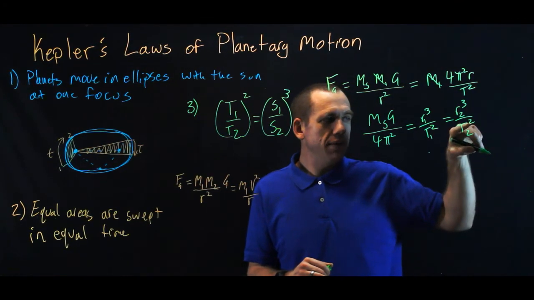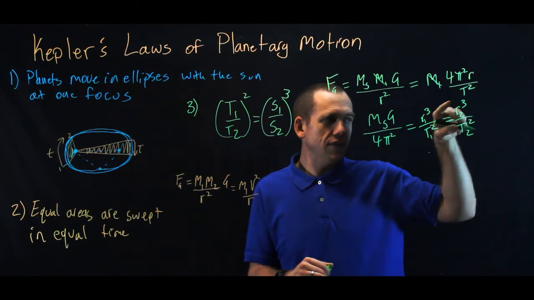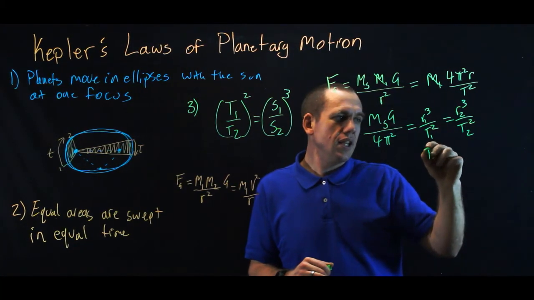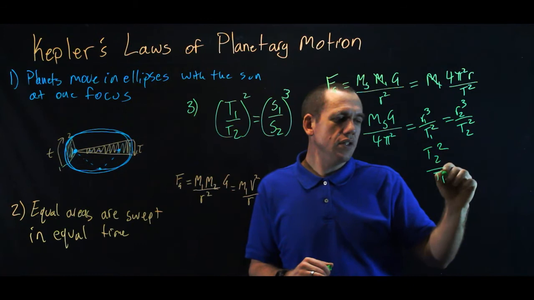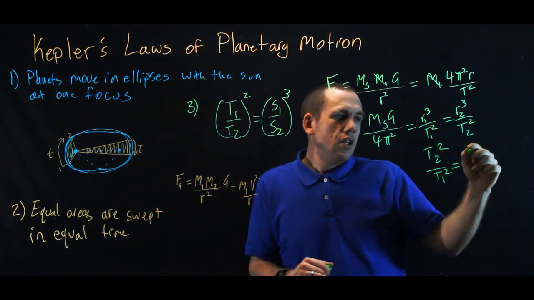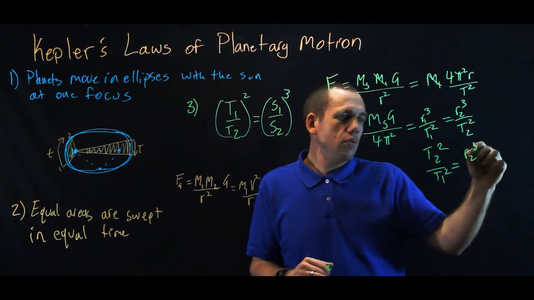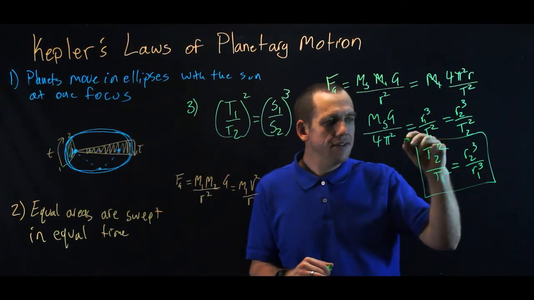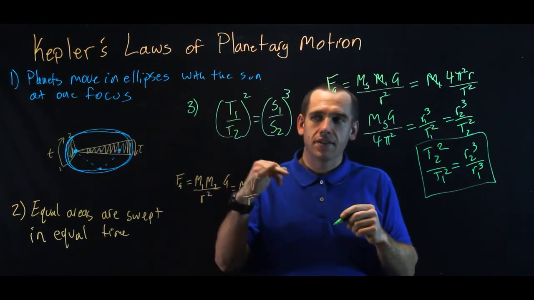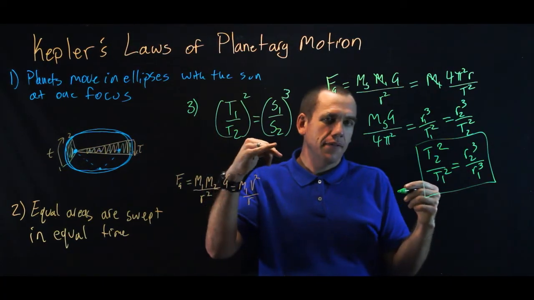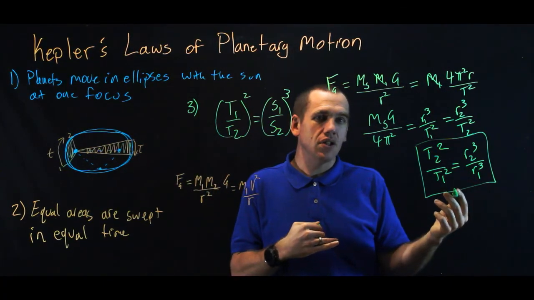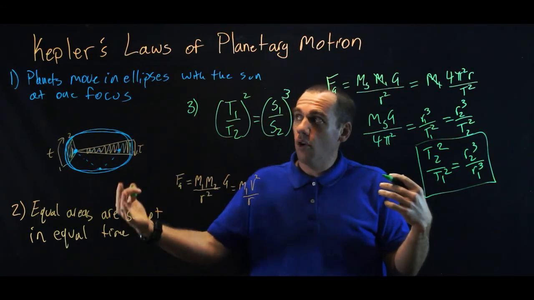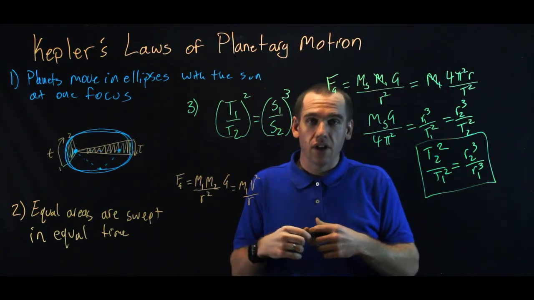We can multiply both sides by t2 squared and divide by r1 cubed, and we get t2 squared over t1 squared equals r2 cubed over r1 cubed. That is Kepler's third law. And so we derived it from Newton's law of universal gravitation. So Newton's laws were actually able to explain why Kepler's laws worked.